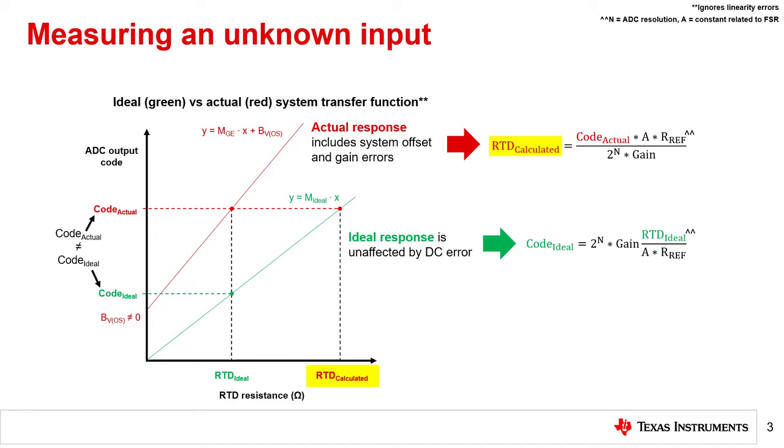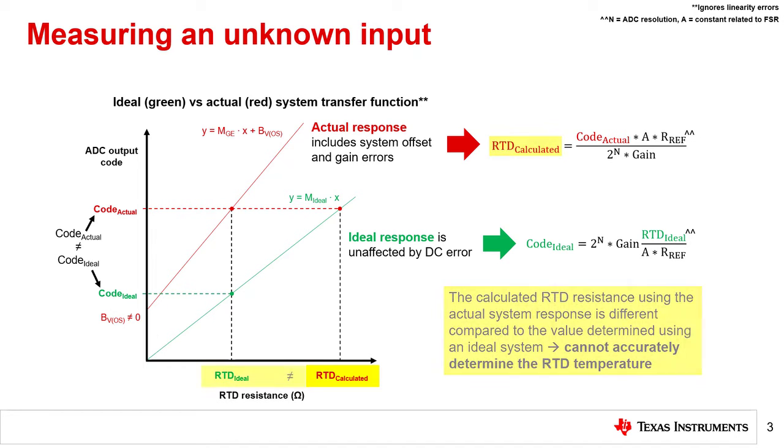As a result, we can use the red equation on the top right to determine that code actual corresponds to RTD calculated, which is very different from RTD ideal. When we use a lookup table or polynomial to correlate RTD calculated to a temperature, our final result would be completely wrong when compared to the temperature that corresponds to RTD ideal.